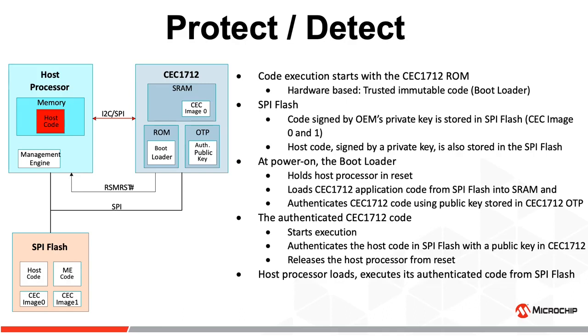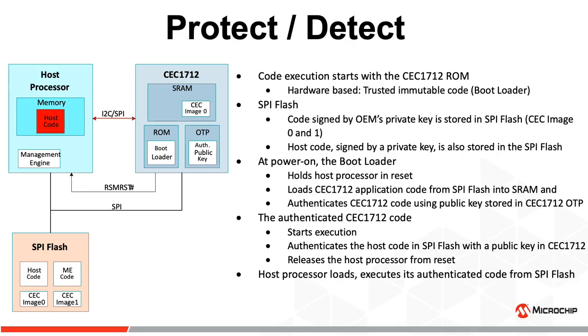You're going to sign the code that the CEC 1712 will need to run. You're also going to sign the code that the host processor will need to run, whether it's a management engine that you have in your system, or host code. Whatever code is required by that host processor to run is what will be signed and stored in the SPI Flash.